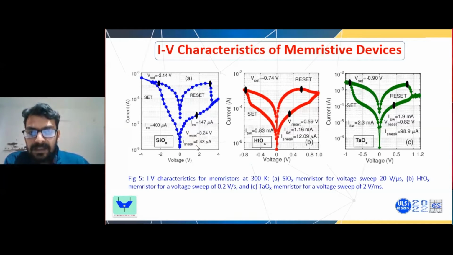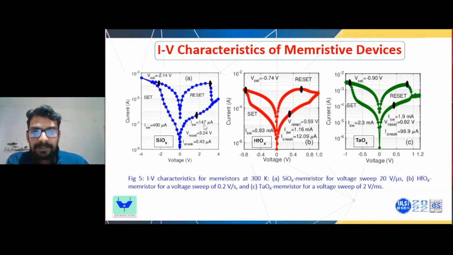The sneak path current for silicon oxide is 0.43 microampere, which is significantly lower compared to hafnium oxide at 12.09 microampere and tantalum oxide at 98.9 microampere. We have calculated this sneak current using a P/2 writing scheme, which is a power efficient scheme for realization of large-scale arrays.